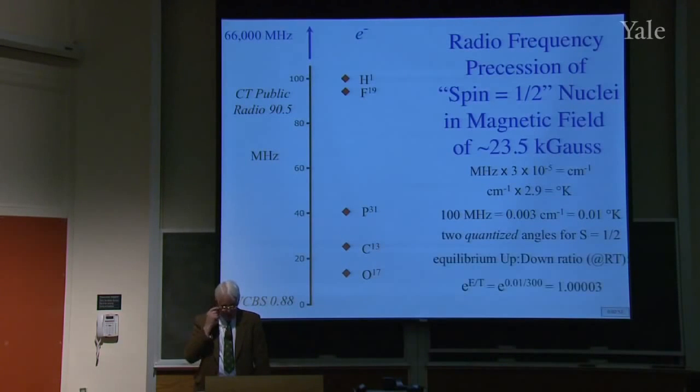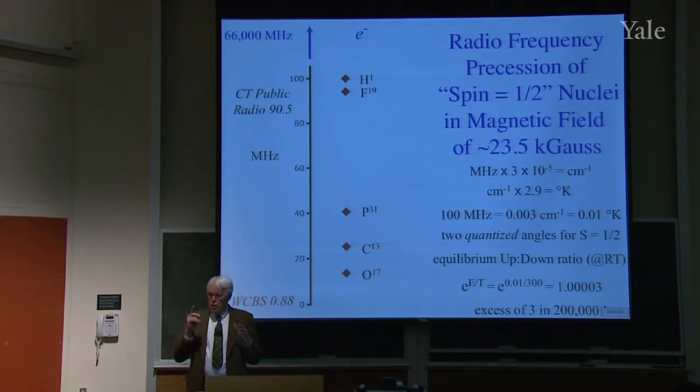Okay, so the equilibrium ratio of the up to down is 1.00003. So that means if you have 200,000 nuclei, there are 3 more pointing up in the favorable direction than pointing down.